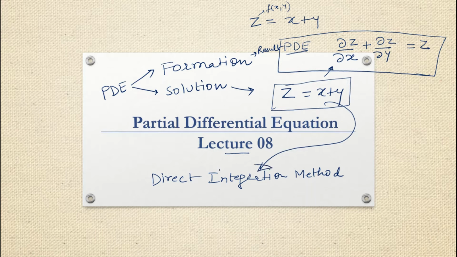Okay, so the concept of direct integration method is there to get the solution of PDE, where if I have done the differentiation to form the PDE, now to get the solution of PDE I have to do the integration.